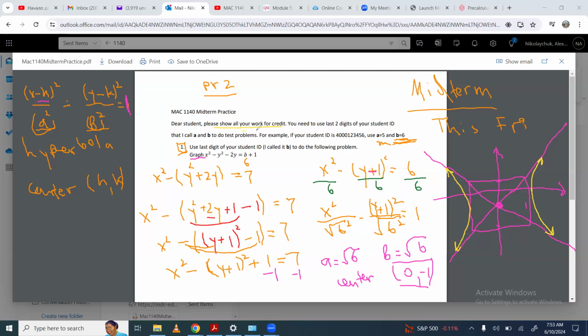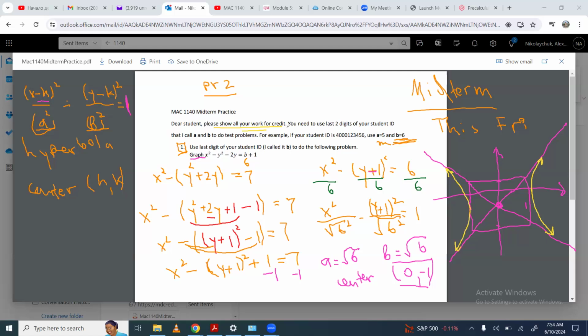So you need to show work. That's important. That's what it says here to get full credit for the exercise. So please make sure that you do this, and to be able to do this, you need to do the same exercise again. That's why I sent it to you for practice.